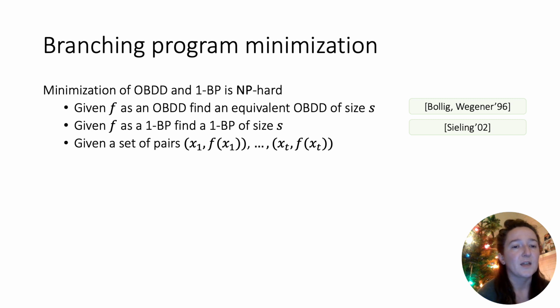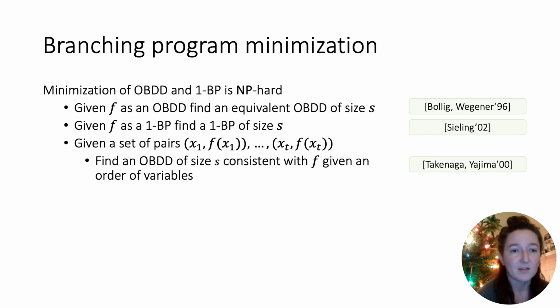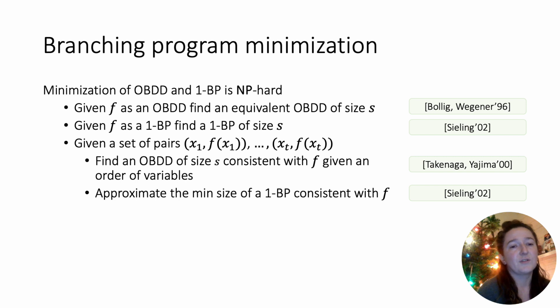Similarly, it was shown to be hard to find a matching OBDD of size S if we're given a set of pairs, a set of substitutions, input values of the function. And it was also shown to be hard to approximate the size of the minimum read-once branching program consistent with this same set of substitutions.